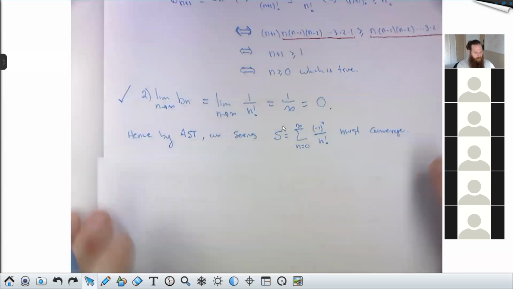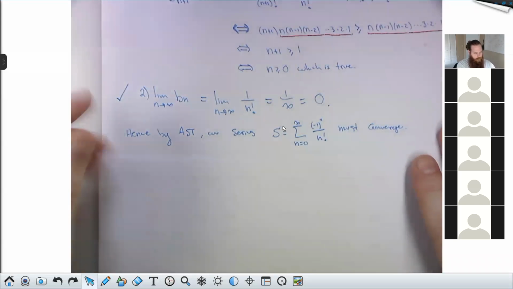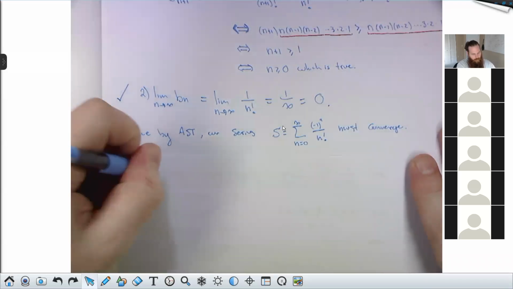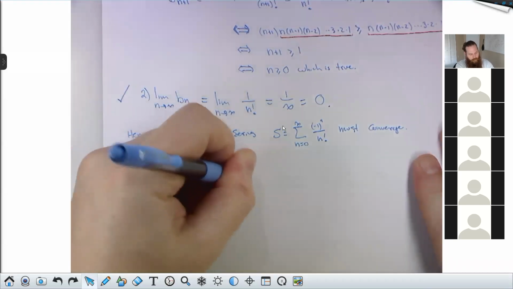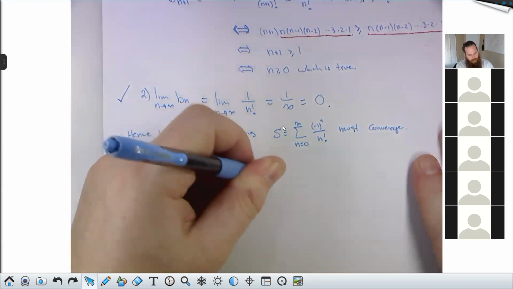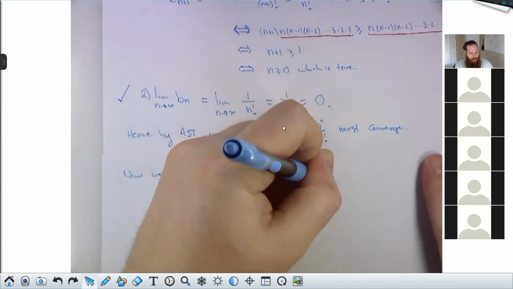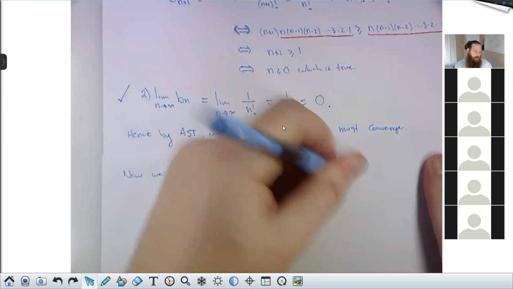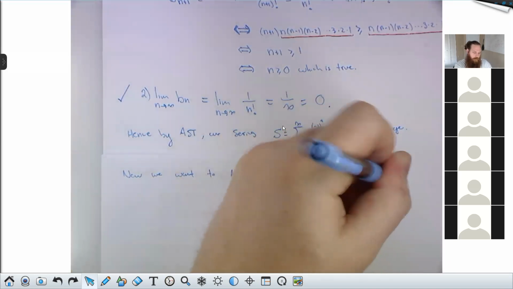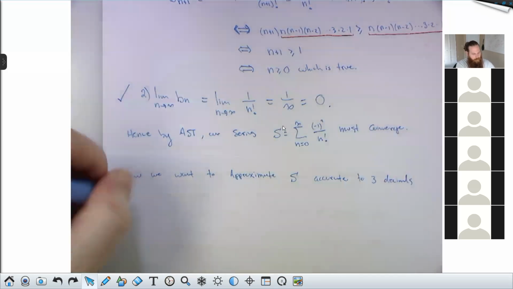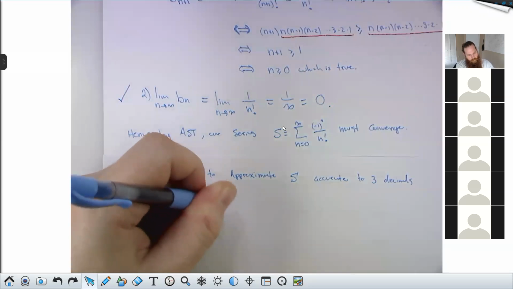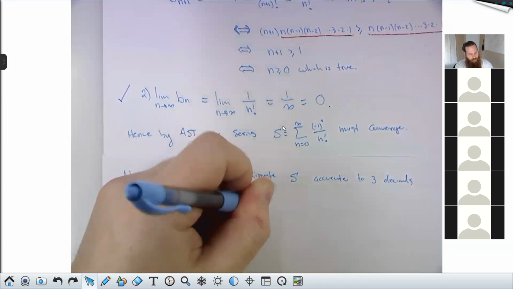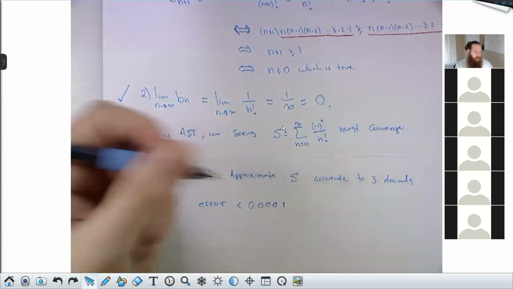So now we want to approximate S accurate to 3 decimals, which means we want the error less than 0.0001.